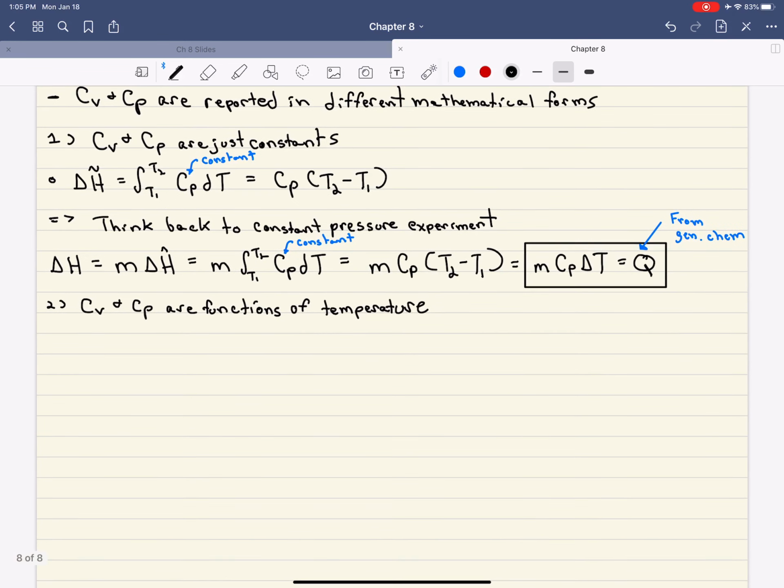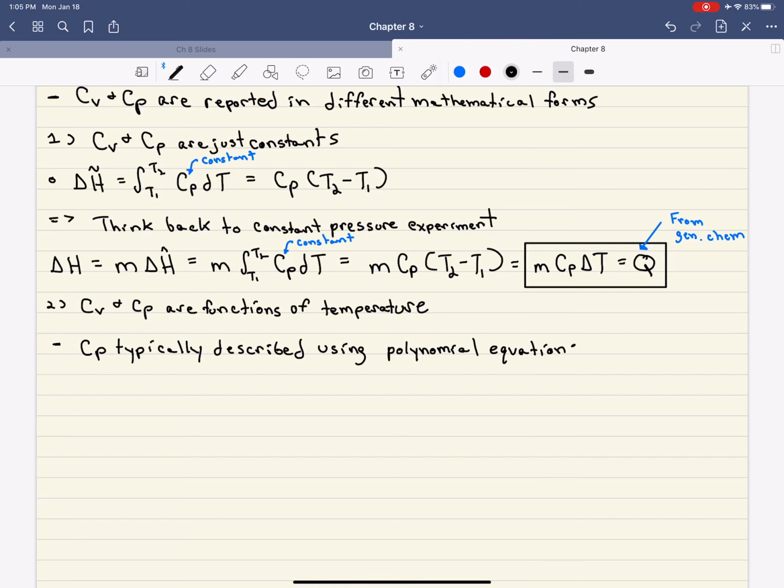Now, typically, Cv or Cp can be described using some sort of empirical polynomial equation.